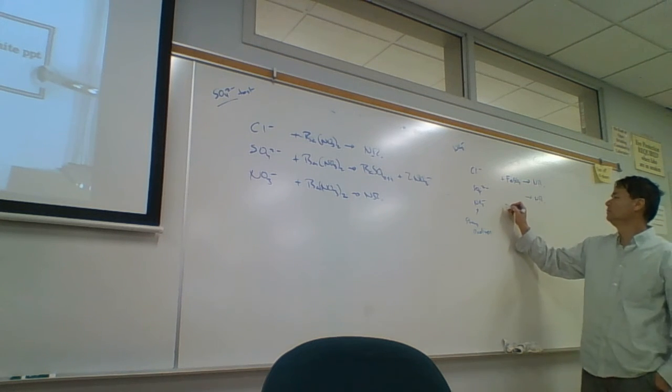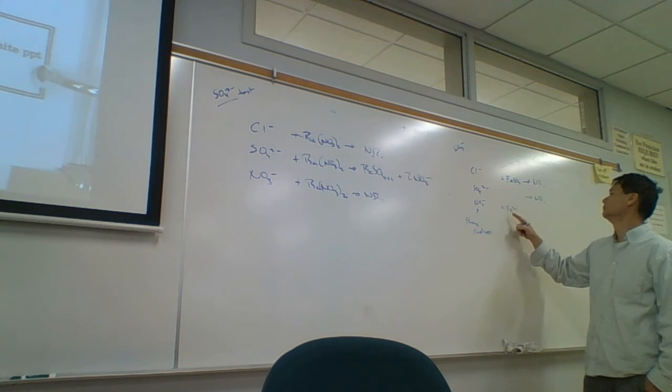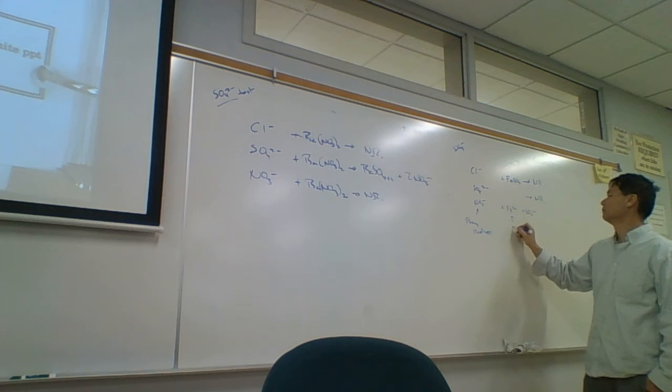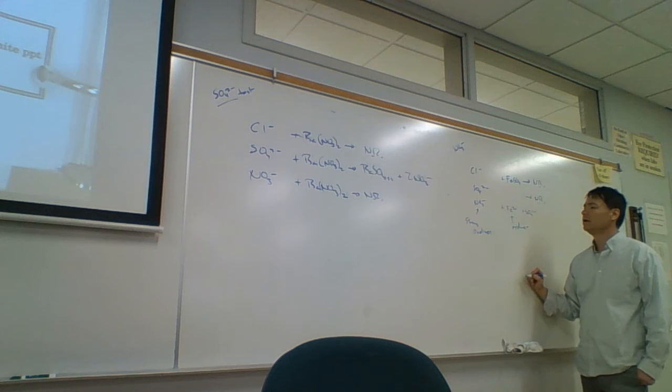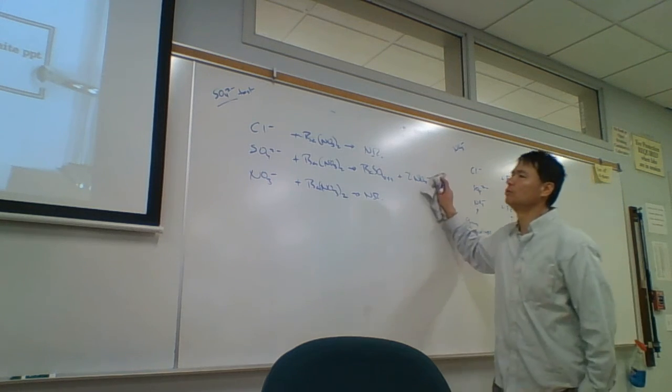Iron 2 is a reducer, or can be. It can go either way. And so what we're going to have is a redox reaction that's going to occur between nitrate and iron 2.